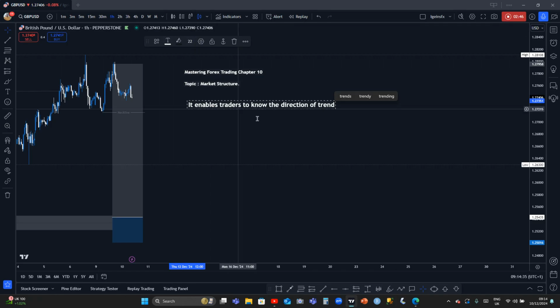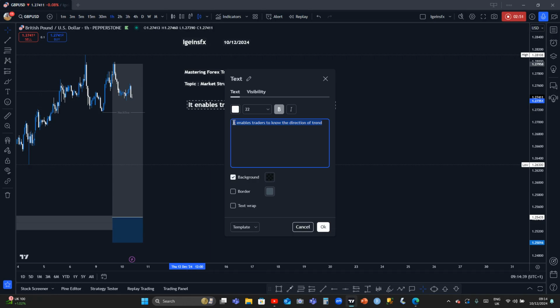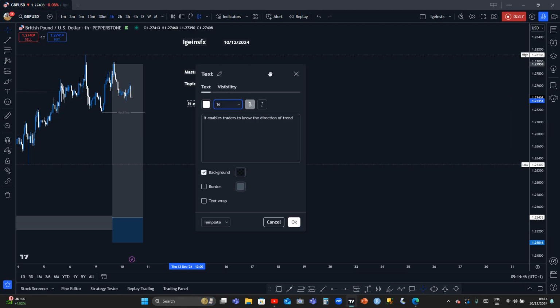It enables traders to know direction of trend. That is the first one.